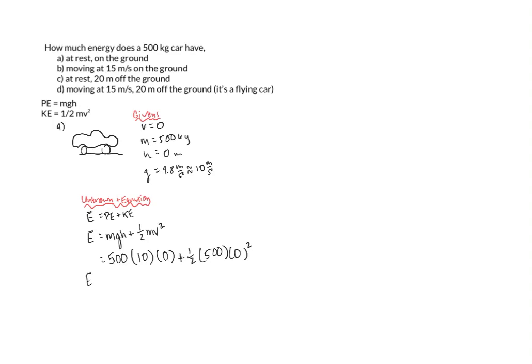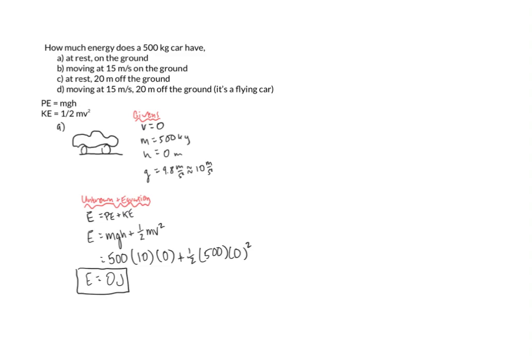Or my energy is equal to 0 joules. And this is kind of what you would expect to see, right? I mean, our car isn't moving and it's not off the ground, so why would it have any energy? So if an object is at rest and sitting on the ground, its total energy is 0, its potential energy is 0, and its kinetic energy is 0.